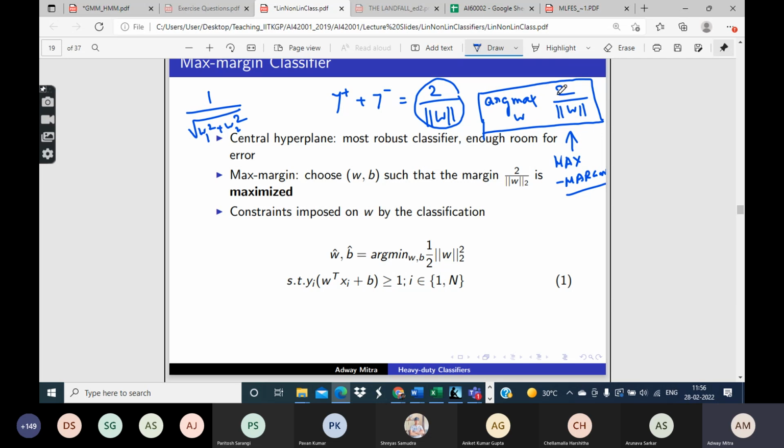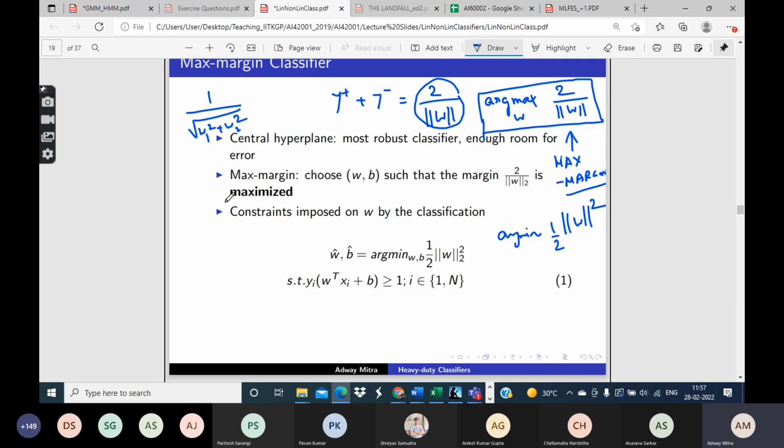So instead of maximizing this quantity, I will minimize its reciprocal. That is, I will write arg min, and to make it even better, I will actually put a square on top of it.